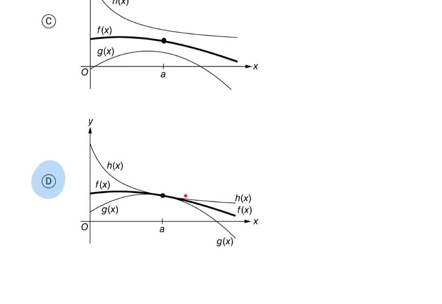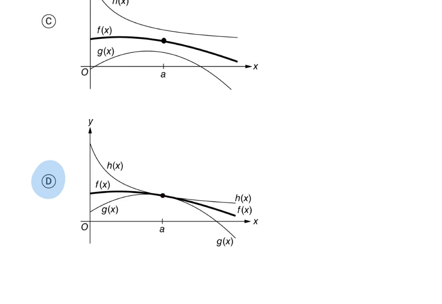So this function h is greater than f of x on this whole interval around a. So you've got a lower bound function to f, an upper bound function to f, and then they all meet at a. There could be a hole here, and that would be fine, but in this case there's a point.